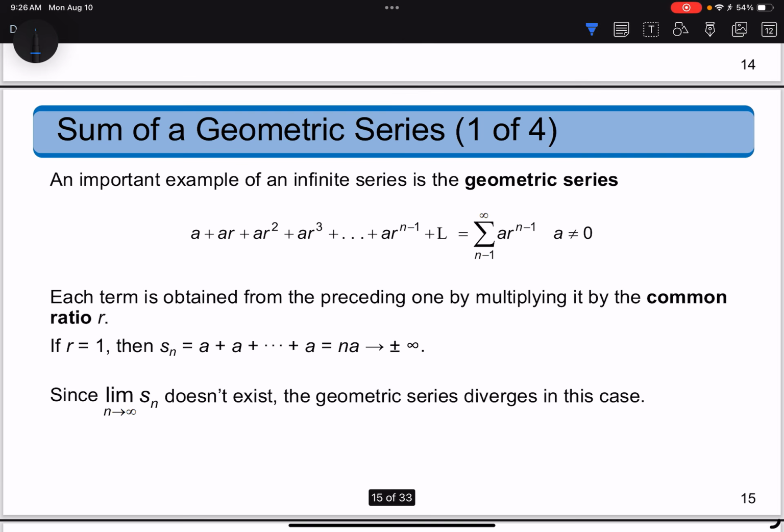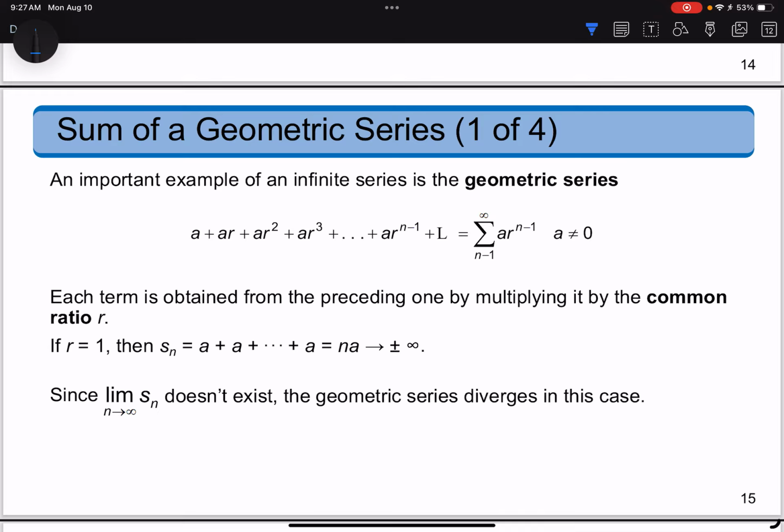The geometric series is given by a plus ar plus ar squared plus ar cubed and so on and so forth up to ar raised to n minus 1. This has the general form ar raised to n minus 1 where the starting point should never be 0. Each term is obtained from the preceding one by multiplying it by the common ratio r.